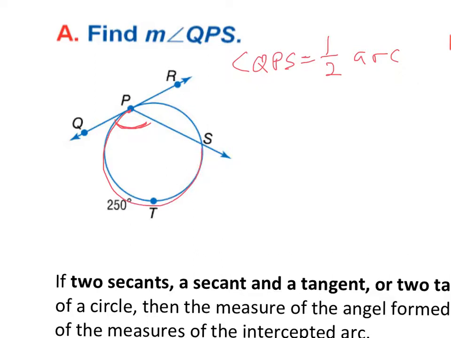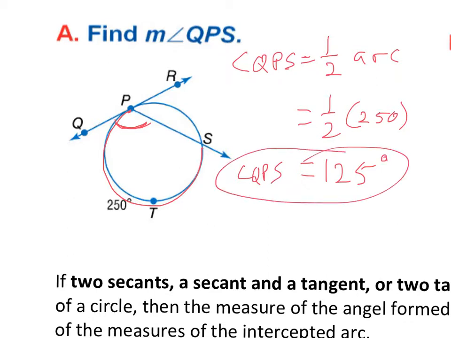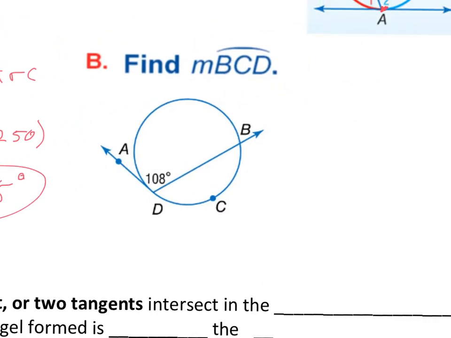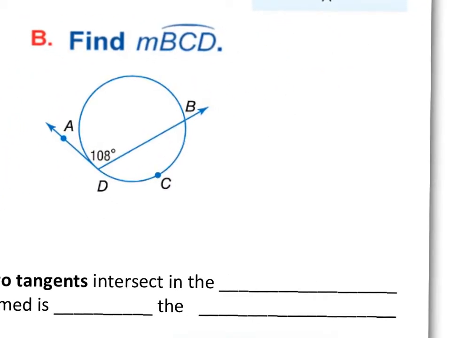It's the arc inside of the angle, which is 250 degrees. So 1/2 times 250. Well, when we multiply that, we end up with 125. So angle QPS equals 125 degrees. That's a pretty simple one to do, this second theorem.